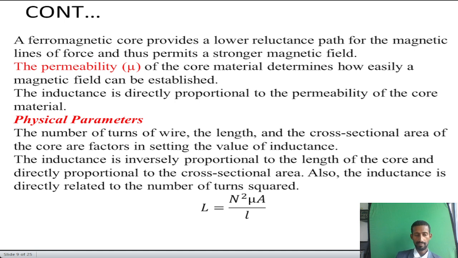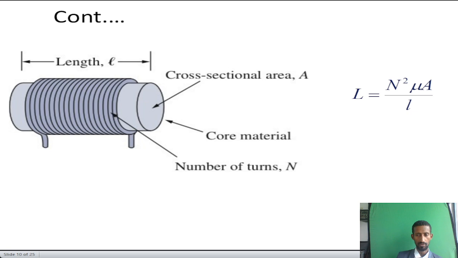L is the inductance, which is equal to N squared mu A over l. Mu is the permeability of the core material, A is the area, and l is the length. Here it is: this is the length of the winding, this is the core material, this is the cross-sectional area, and this indicates the number of turns.